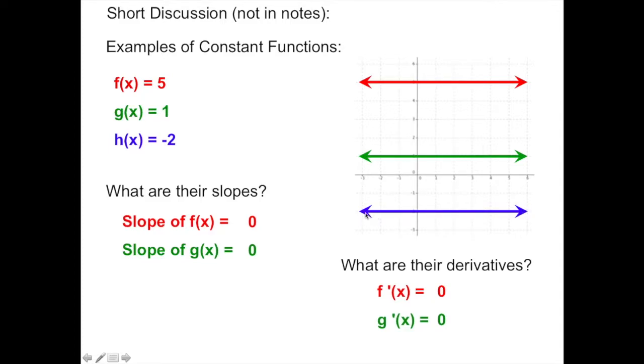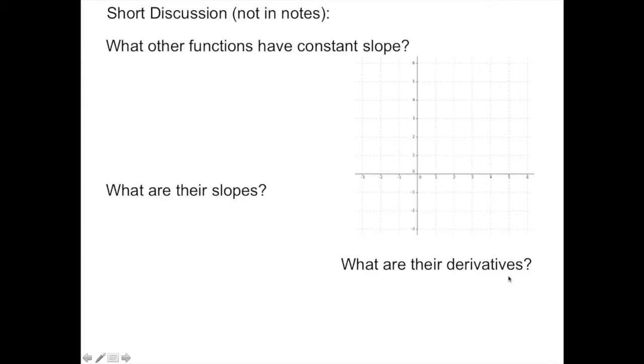The slope everywhere on h of x is 0. Since slope and derivative mean the same thing, we can say the derivative of h of x is 0. So we're just looking at the value of those slopes to determine our derivative. And that's easy enough to do, especially when the function is constant.